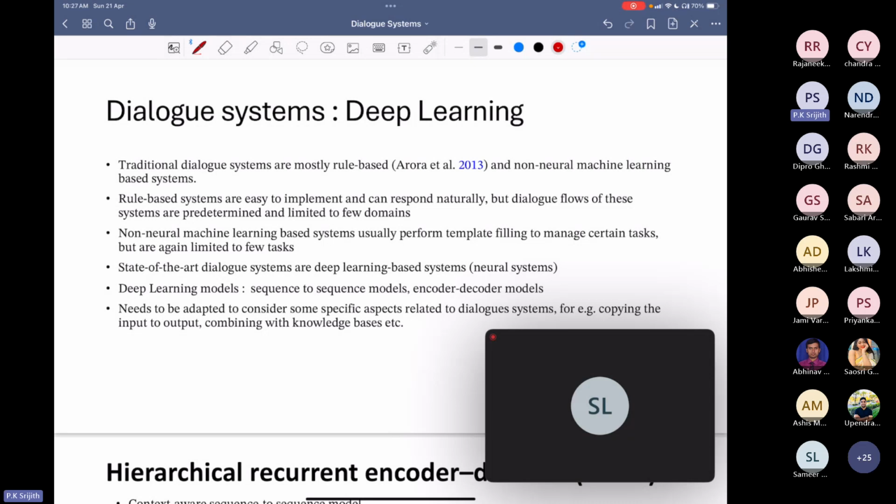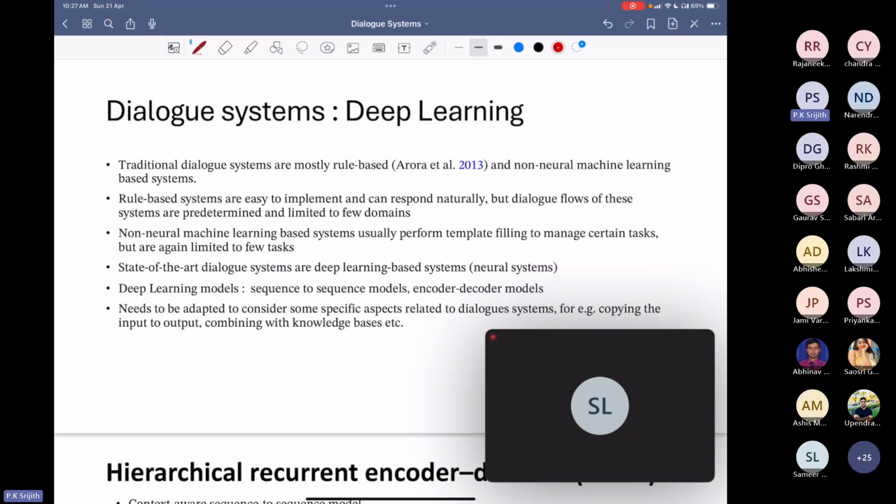The idea behind the rule-based technique and most of the machine learning techniques is that some template will be there. You need to choose a particular template depending upon the user message, and then you need to fill the slots in that template using some machine learning approaches. The slot filling can be seen as a kind of multi-class classification where, using a machine learning technique, you can fill the slot.